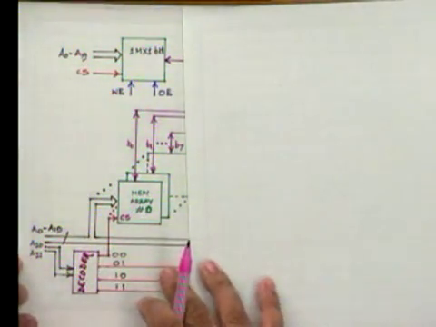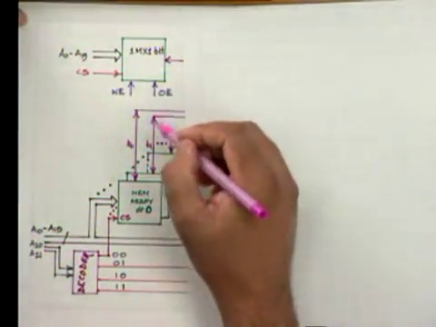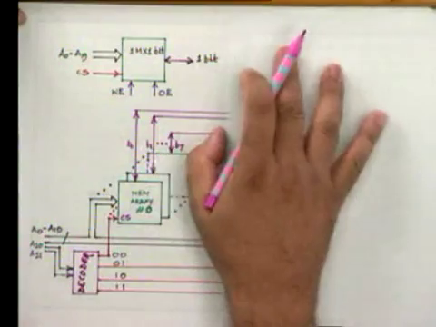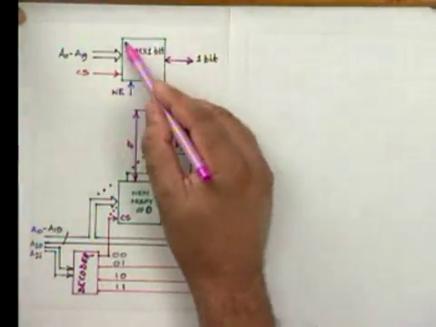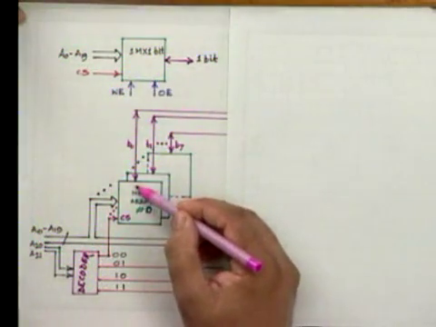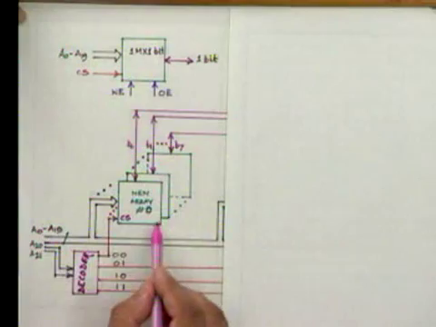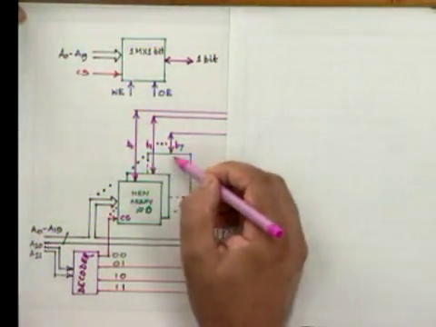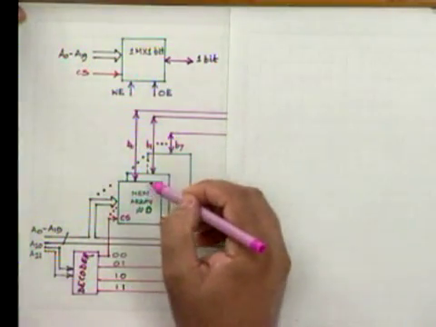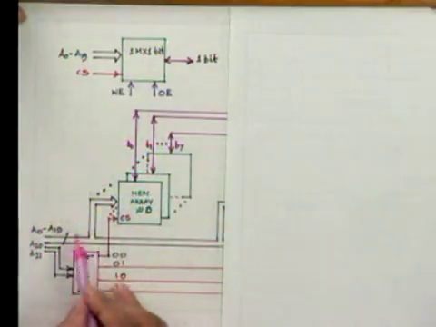Now, say we first talk of how to make this 8-bit information out of this 1-bit information, right? What we do is take several such chips and place them in parallel with each other. This is our chip 0, this is chip 1, and so on, this is chip 7. Each one of them is selected.